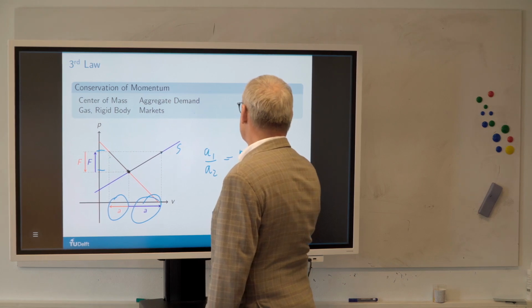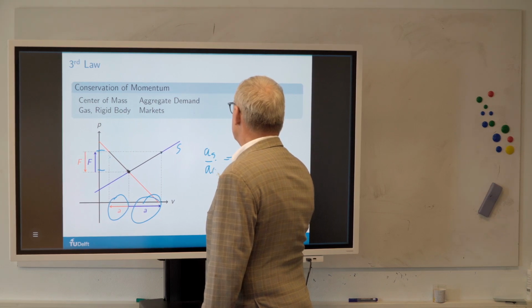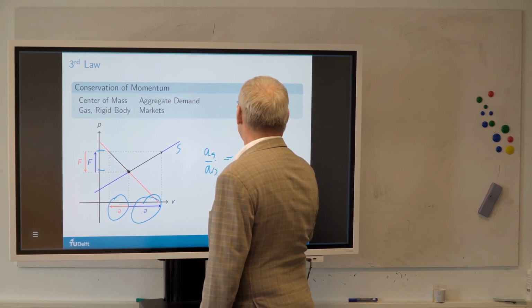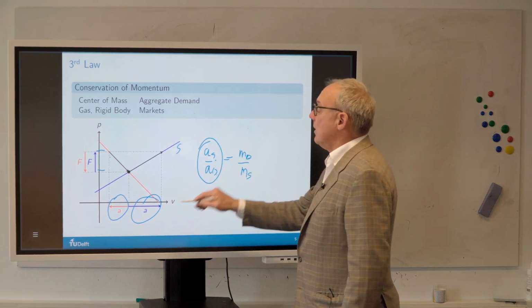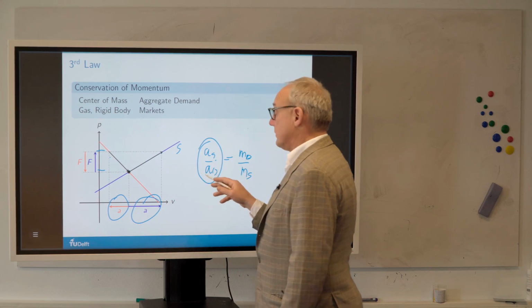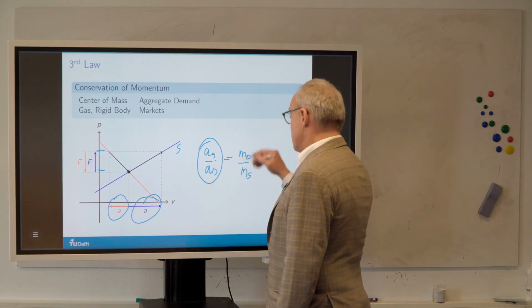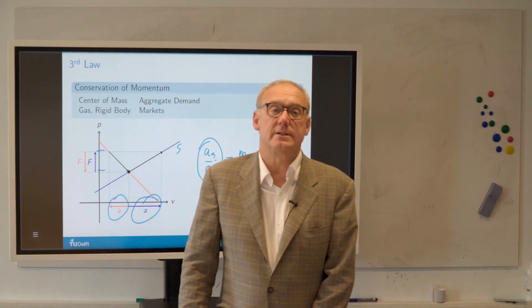I think this is what it says. You'll be able to see that if you look at the ratio of the contractions of demand, then this is the same as the ratio of the price elasticities, all right?